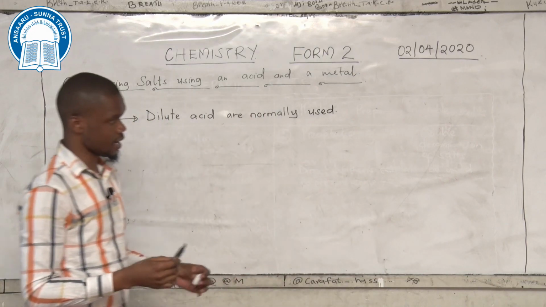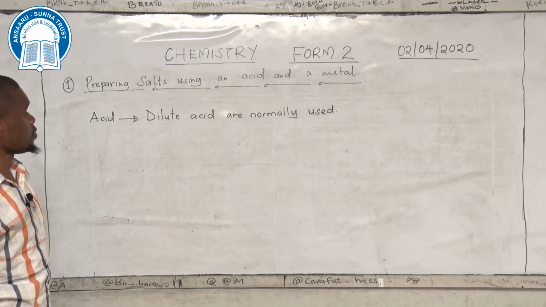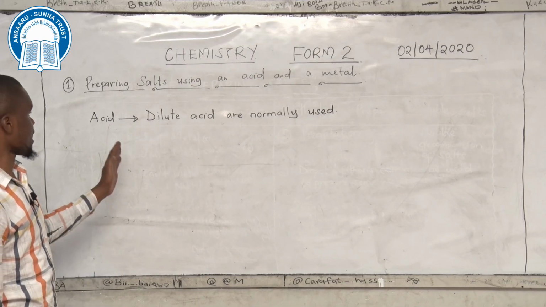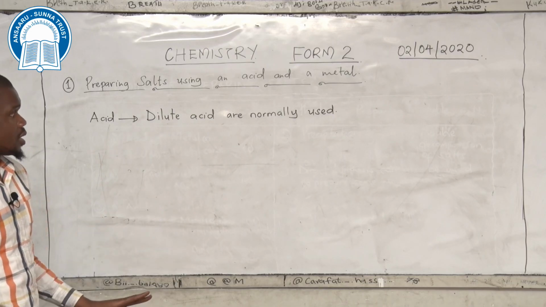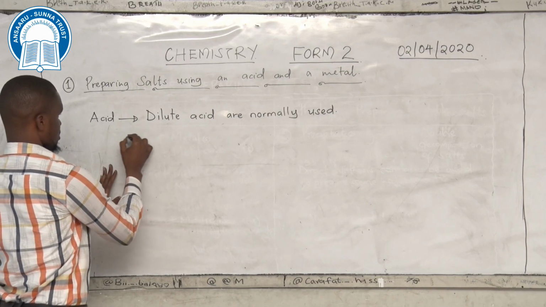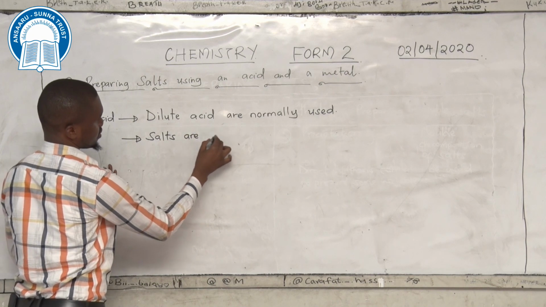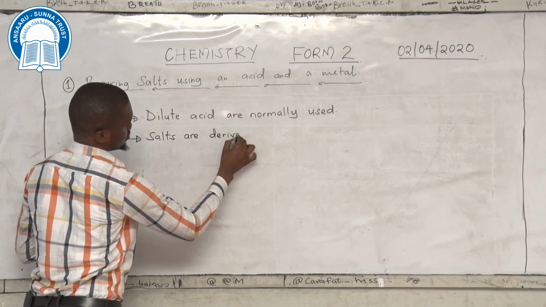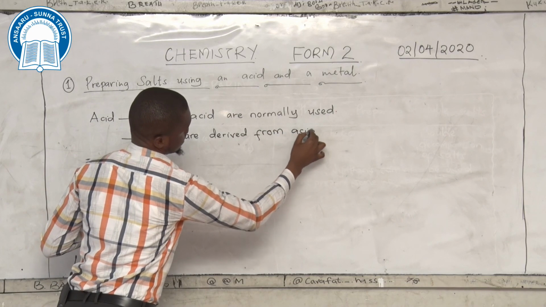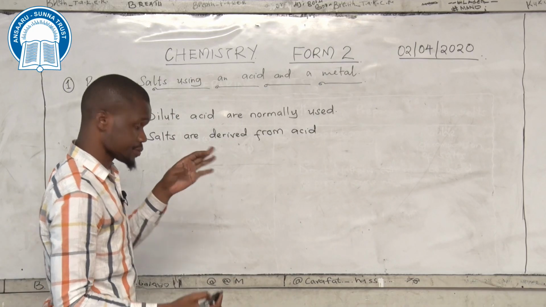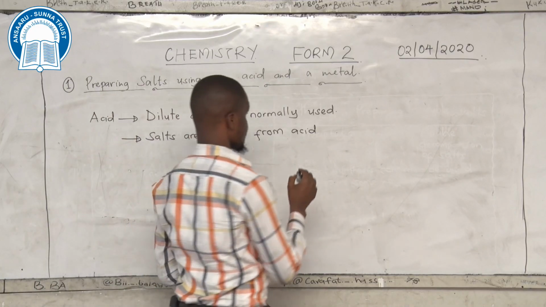And you're wondering why, in the whole table and in the whole methods we have been talking about, an acid versus a metal, an acid versus a metal carbonate, an acid versus a metal oxide. Salts are derived from acids, and you learned this in Form 1 chemistry, under acids, bases and indicators.